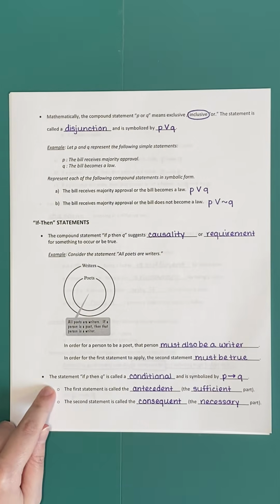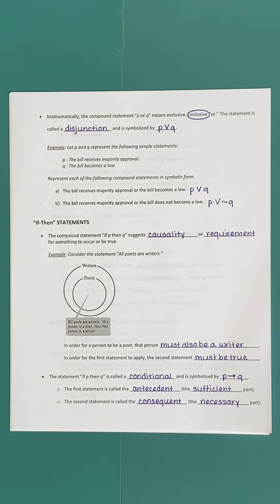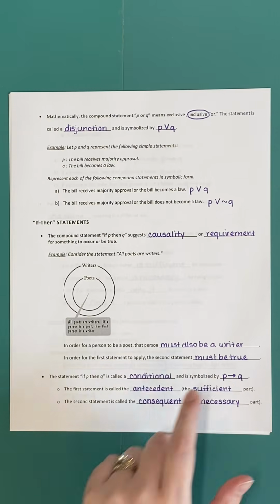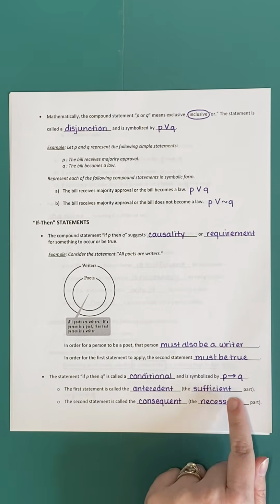So the first statement is what we call the antecedent, not anti, but ante. Ante means before. Antebellum means before the war. So when we use the term antebellum, we mean before the Civil War in the United States. So antecede means to come before. So this statement comes before. It is the antecedent. We also call this the sufficient part.